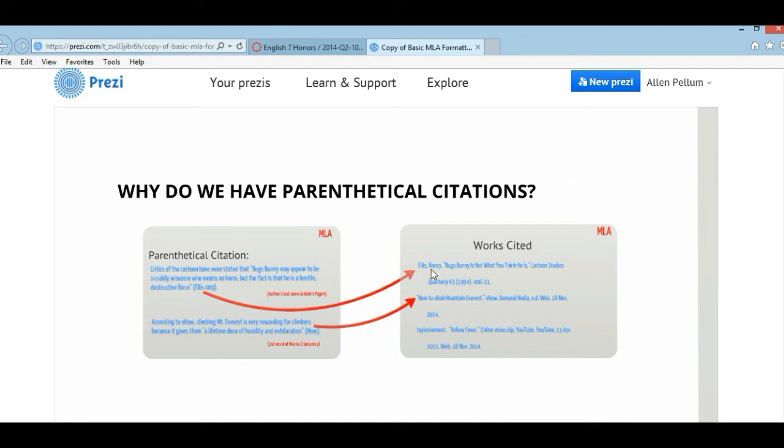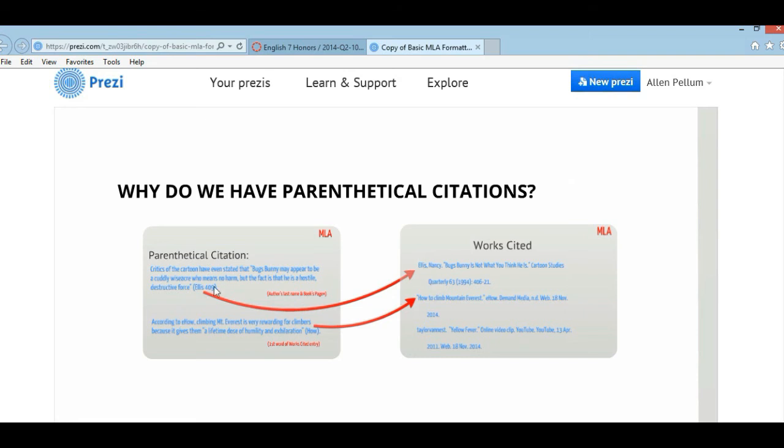Notice here we have a works cited page. We mentioned that the first part of the entry is not indented and every other part is indented. So this is the first entry, this is the second entry, this is the third entry, and the following lines would be indented. It's called hanging indentation.